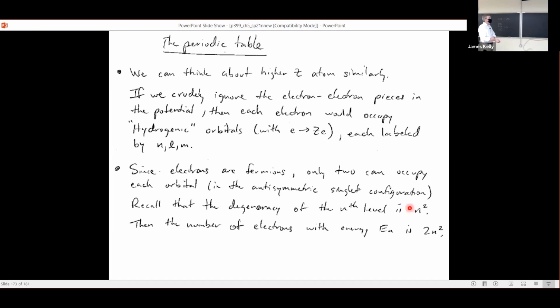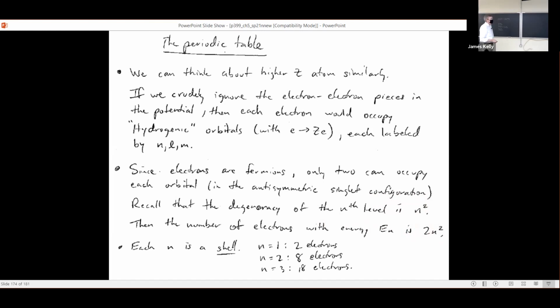But in this crude model, we remember that if you're in the third energy level, the degeneracy for the spatial wave functions was 3 squared or 9. Now, if we include the spins, we're allowed to put 2 times 9 or 18 into the n equals 3 level. The n equals 1 level has a degeneracy of 1 spatially, so you can put 2 electrons in it, because we put them in the anti-symmetric configuration.